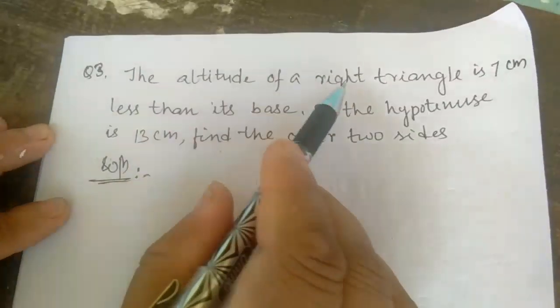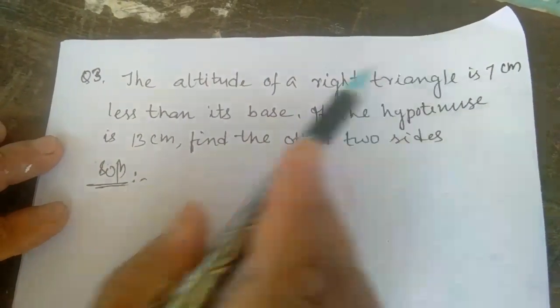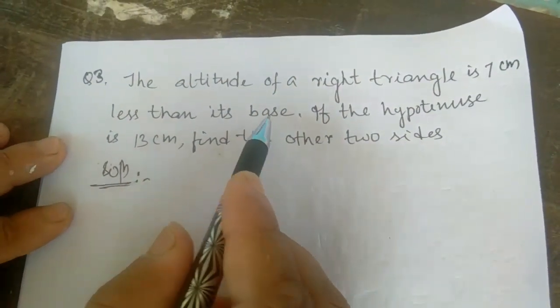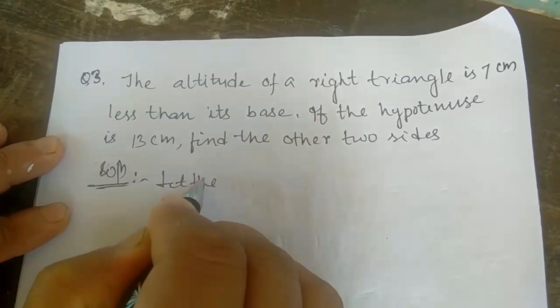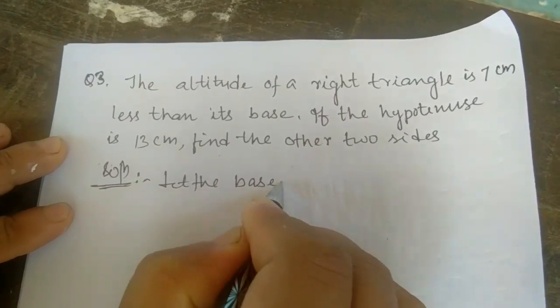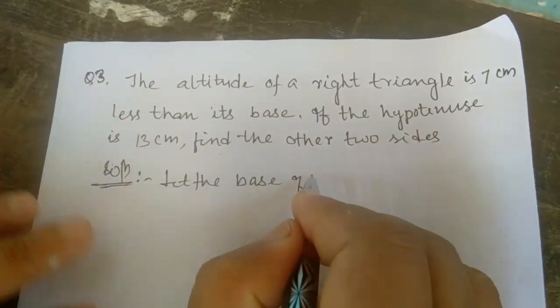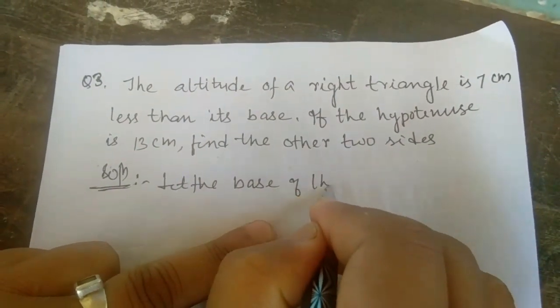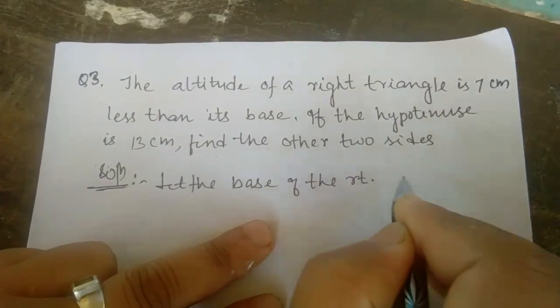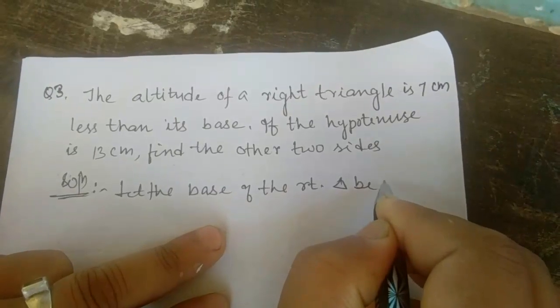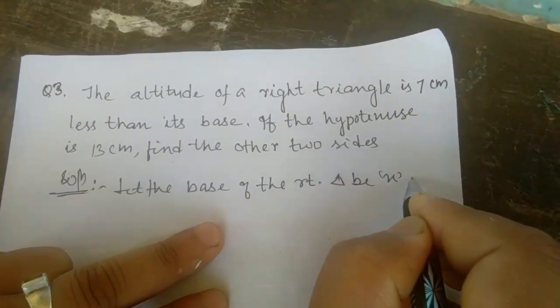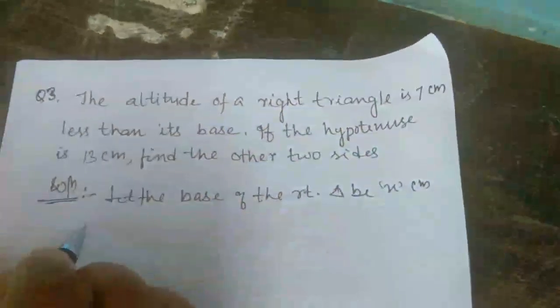The altitude of a right triangle is 7 centimeter less than its base, given. So we don't know the base. So let the base of the right triangle, we suppose, be x centimeter.